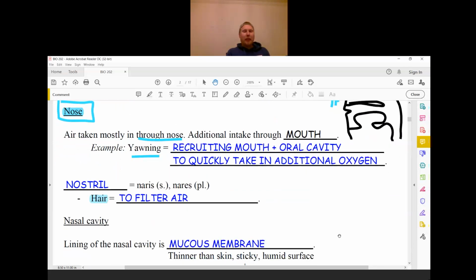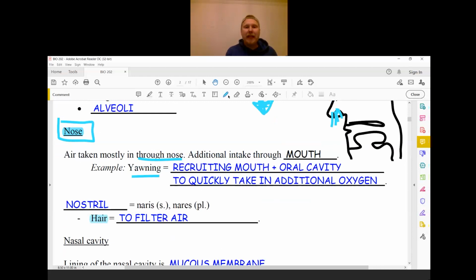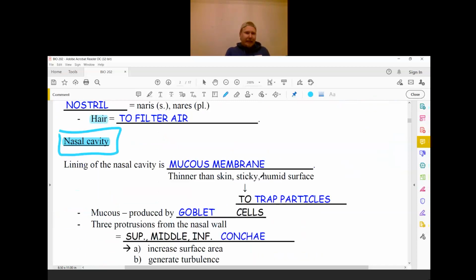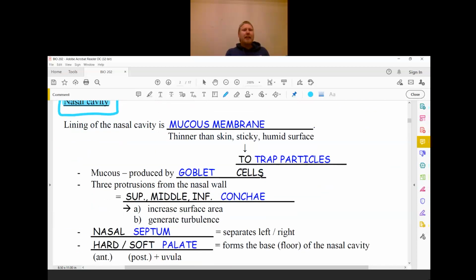The next part that we're going to look at is the nasal cavity. Like we saw on that diagram that I just drew, the nasal cavity is located immediately behind the nose and nostrils, so our focus will be on this part. What we notice is that the nasal cavity is lined by a mucous membrane, and this is an important term.